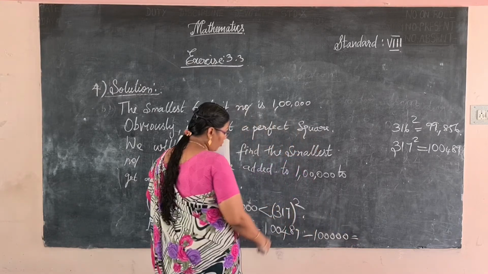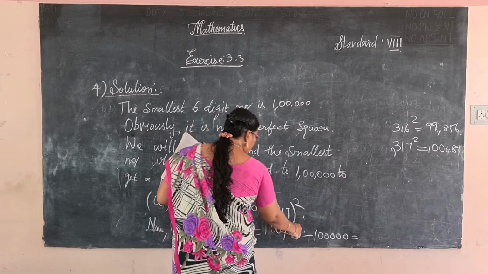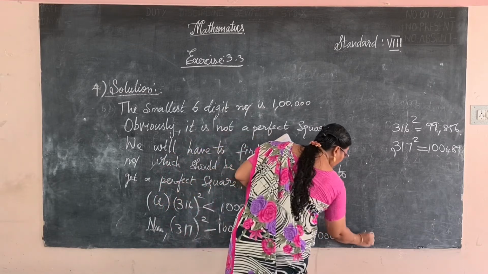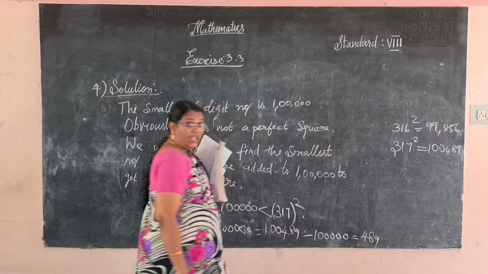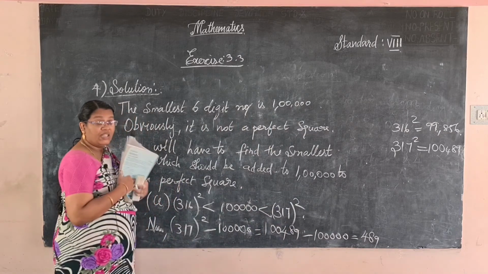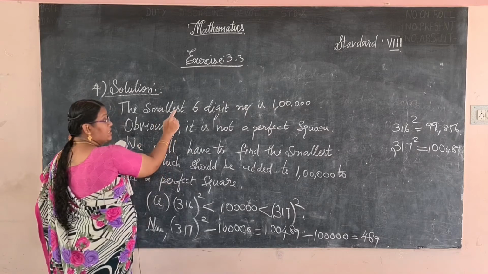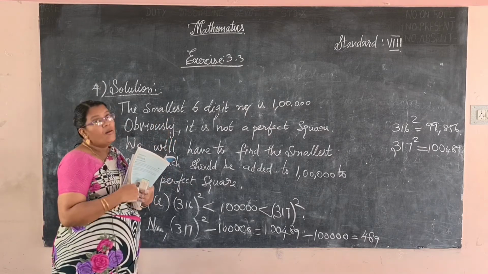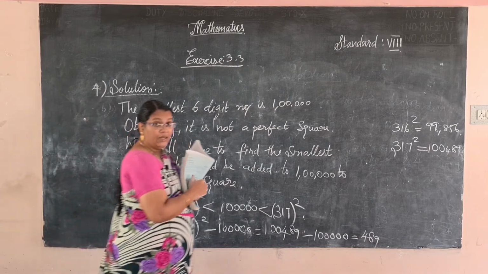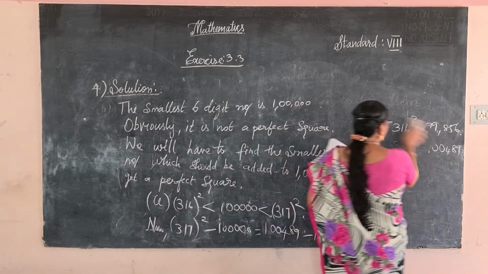So which number do we have to add to the smallest number? 489. Then we get the perfect square. The least number 489 added to the smallest 6-digit number gives a perfect square.